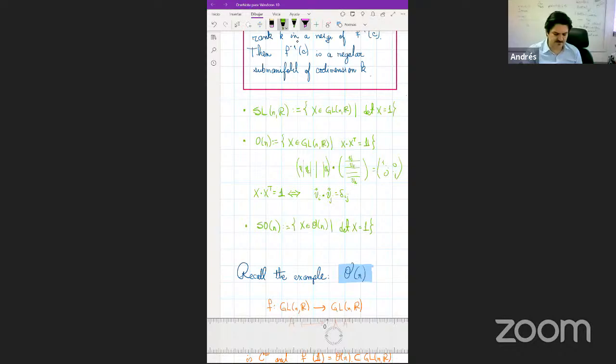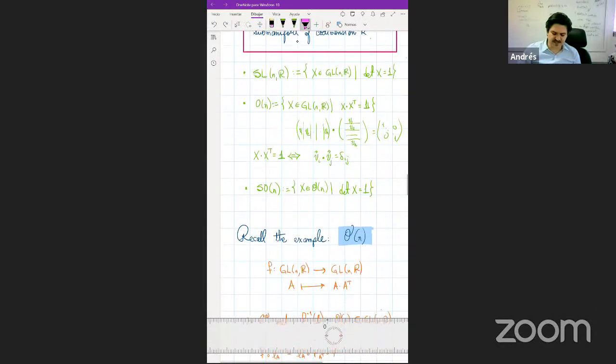Last week, or I don't remember when we covered this, Moises gave me an example of an orthogonal matrix whose determinant is different than 1. So SO(n) is a proper subset of O(n), right?